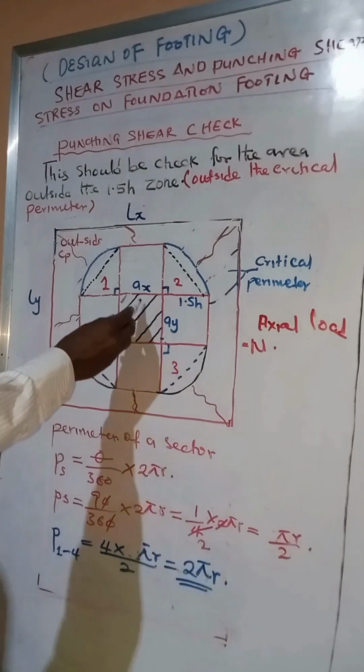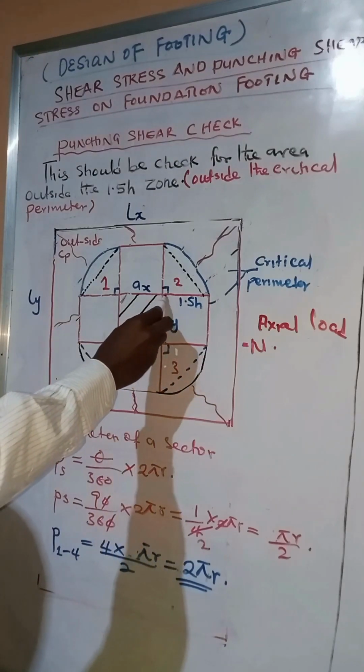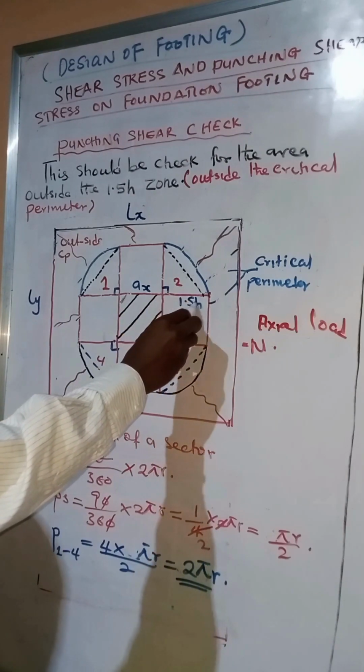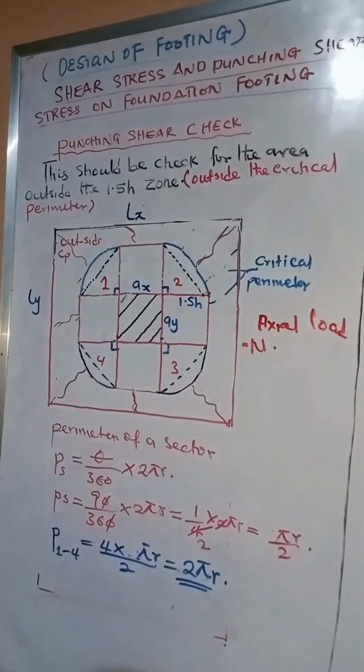So if this represents our column, our punching is measured from this point, which is 1.5 H from the surface of the column, where H represents our thickness of footing.